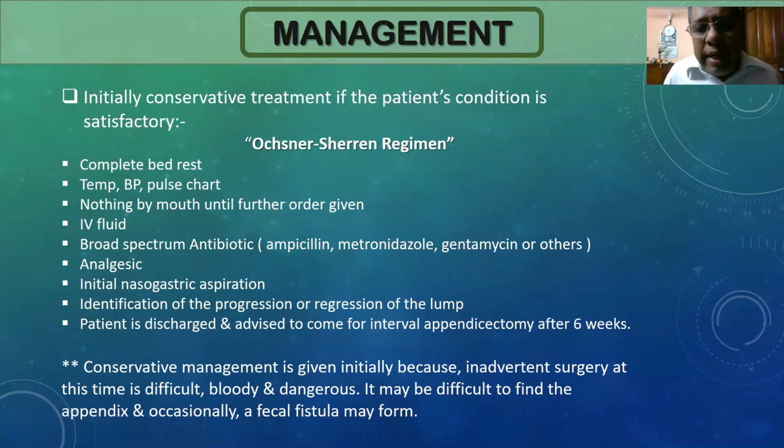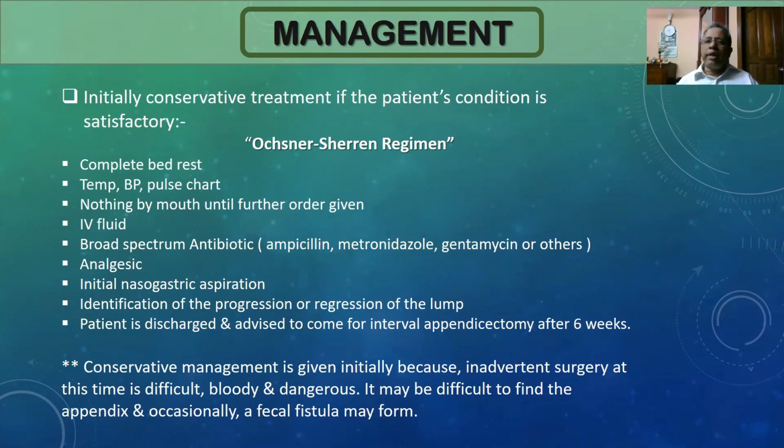Conservative management is given initially because inadvertent surgery at this time is difficult, bloody and dangerous. If the patient comes to you before lump formation, you can operate very easily because there is only filmy adhesion.